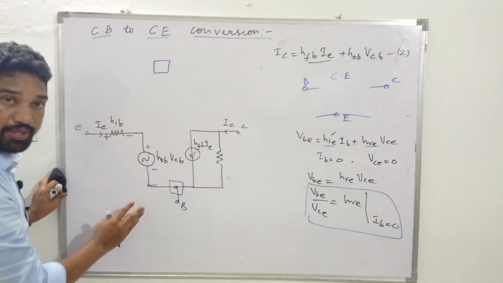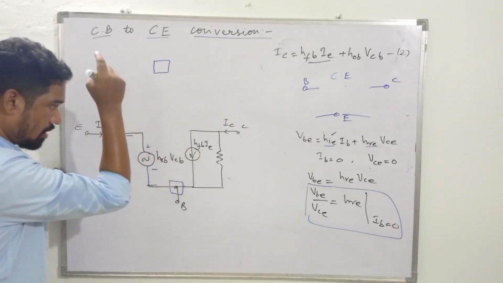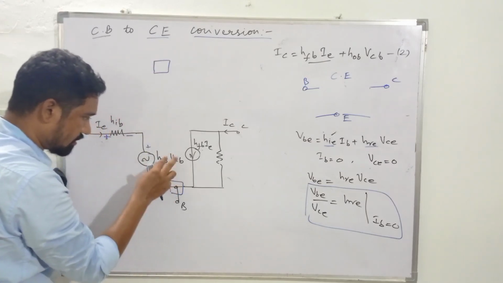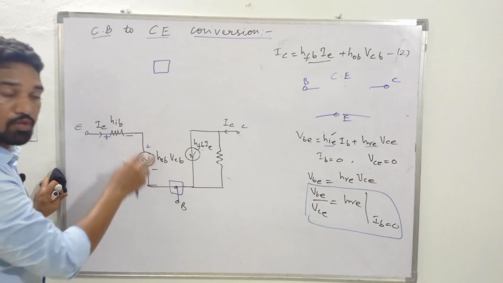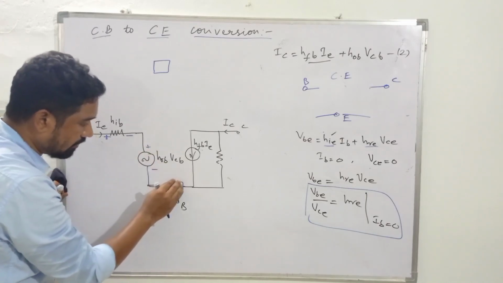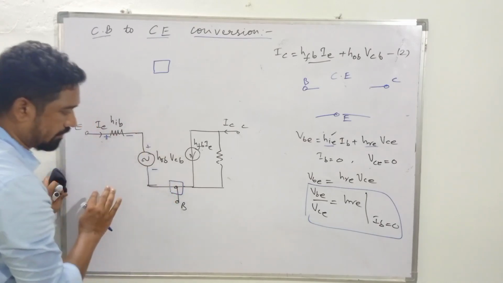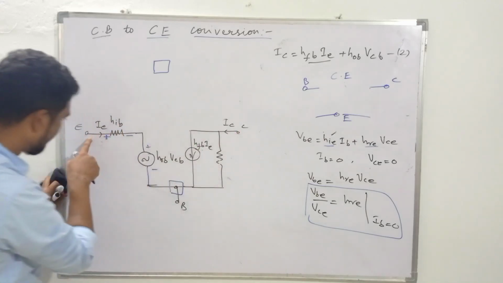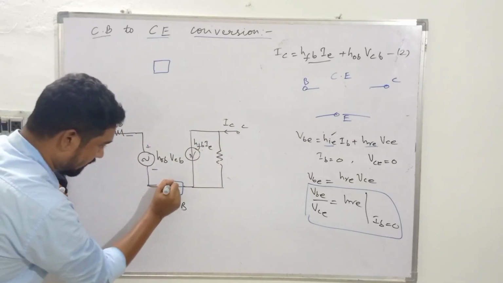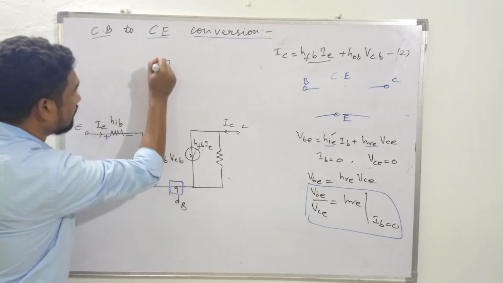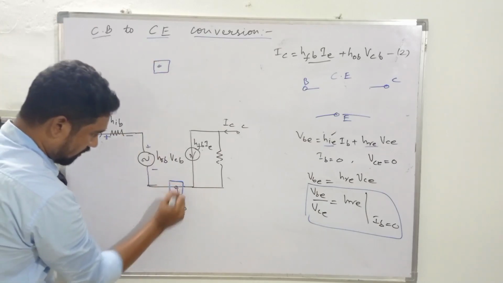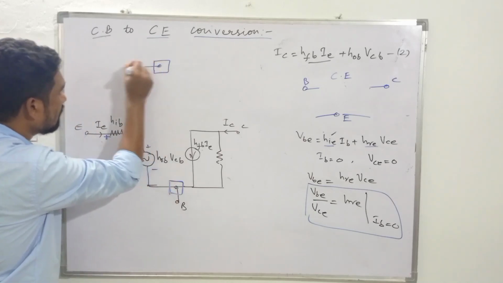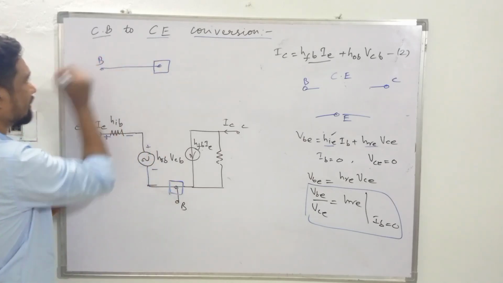I repeat, what am I doing during this process, while we go in search of this conversion? This circuit, which is in common base, should be modified to common emitter configuration, in the sense input should be over here, output should be over here, and this has to be grounded. So starting from here, let this junction be that junction. From this junction to the base, we have nothing.